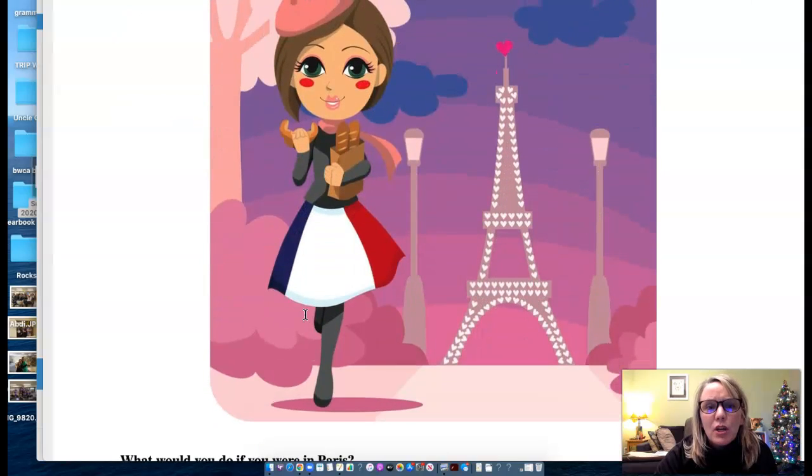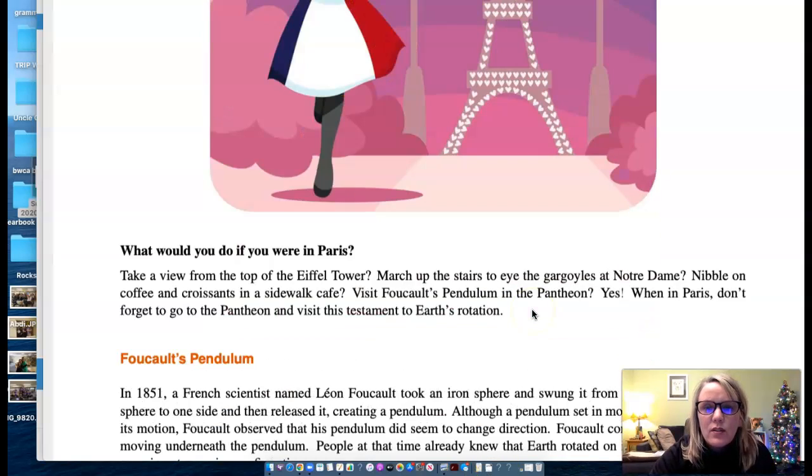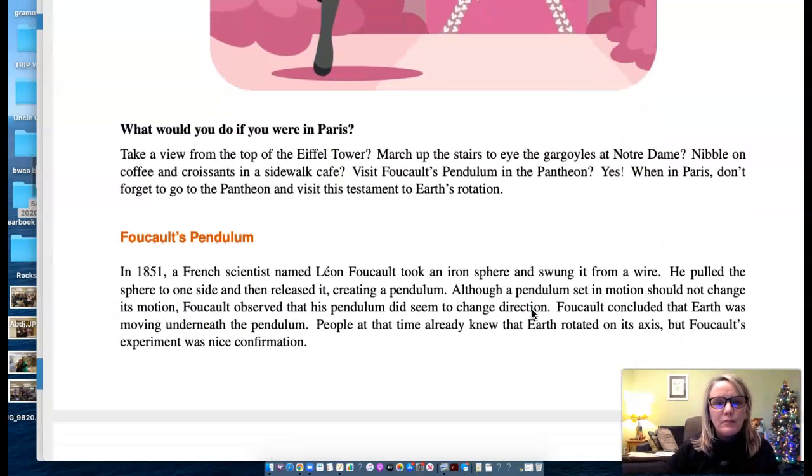And there's this picture of this cute lady who is in a town that is familiar just based on the structure right here. You guys know that as the Eiffel Tower.